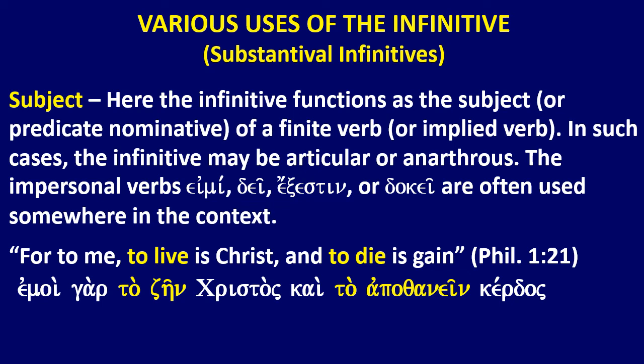But you can see clearly that Christos in this passage and kerdos, Christ and gain, are both predicate nominatives, and the being verb is understood or supplied in our English translation, but it's understood in the Greek. And so the subjects in each case are going to be these two infinitive subject constructions. Now, even though here it uses the article in both cases, again, it doesn't have to have the article to function as a subject infinitive.